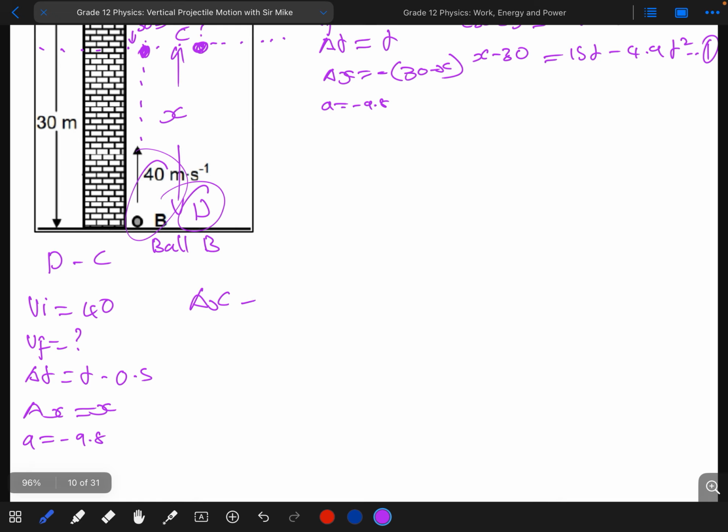So delta x equals vi multiplied by delta t plus a half multiplied by a multiplied by t squared.